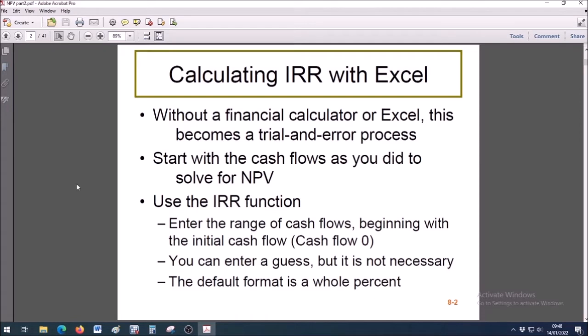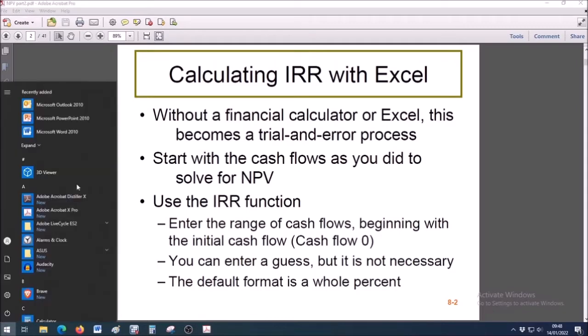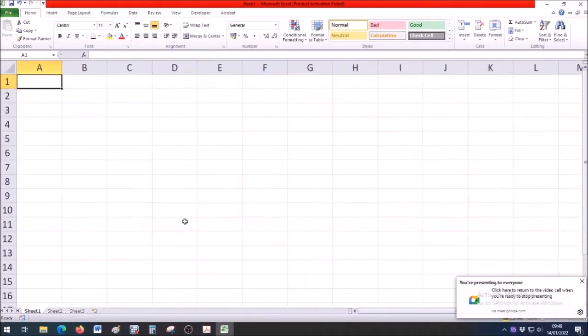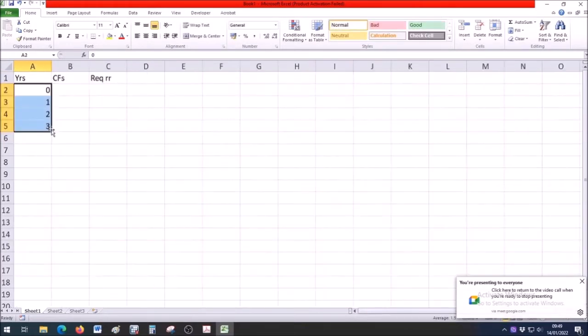Calculating IRR, very easy process. Open Excel file, hit equals, type IRR, open the brackets, you get all the hints. So let's have an example. Very easy. Years, cash flows, let's say, and let's say we have our required rate of return. 0, 1, 2, 3, and whatever it is.